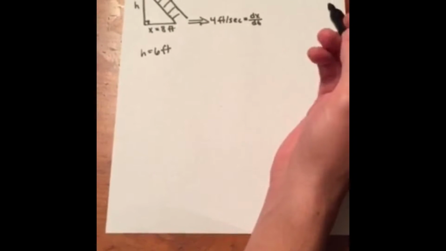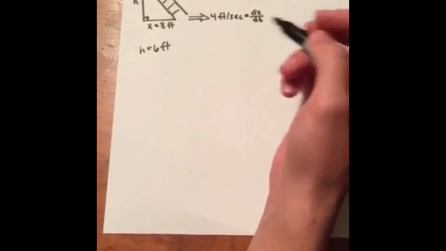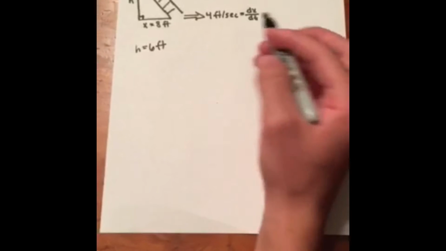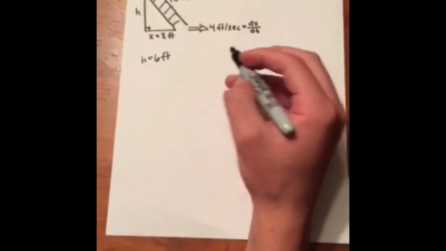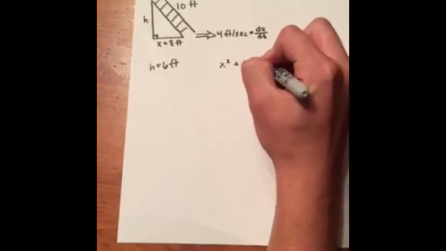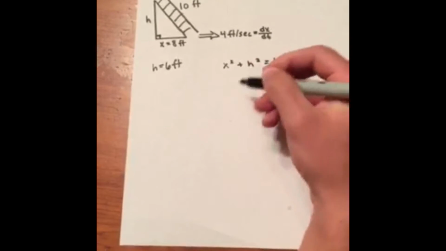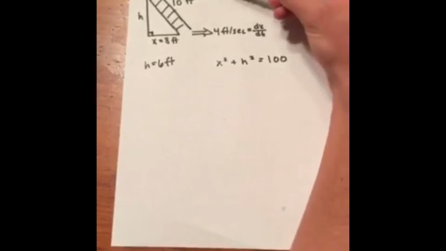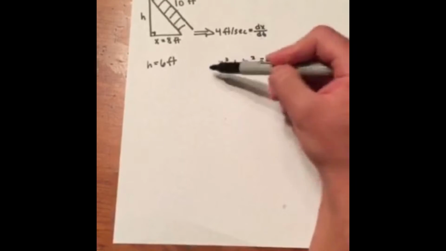The second thing we're going to do is another Pythagorean theorem, but we're actually going to take the derivative of it. What we know from this is that x squared plus h squared equals 100. That's just a regular Pythagorean theorem. To figure out dh dt, we take the derivative of both sides.